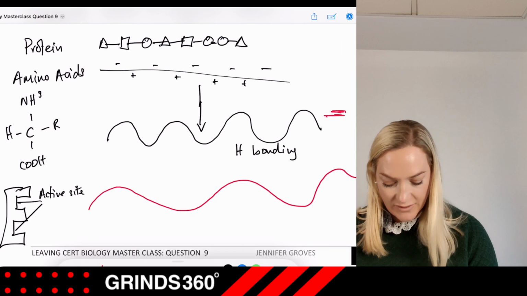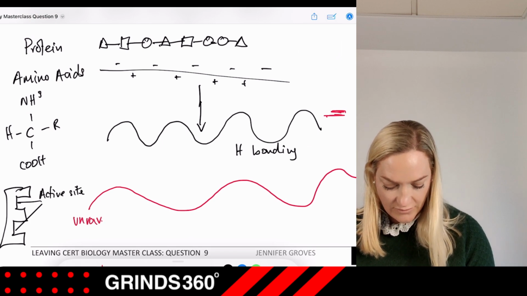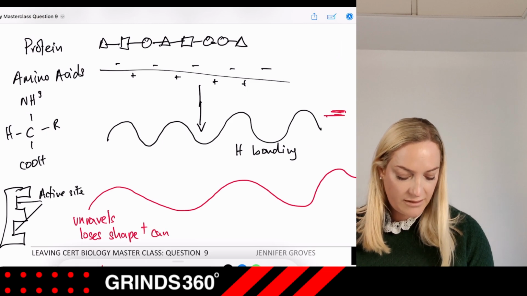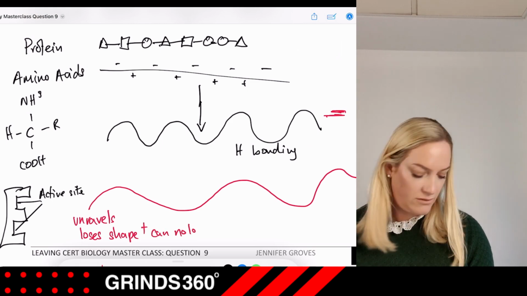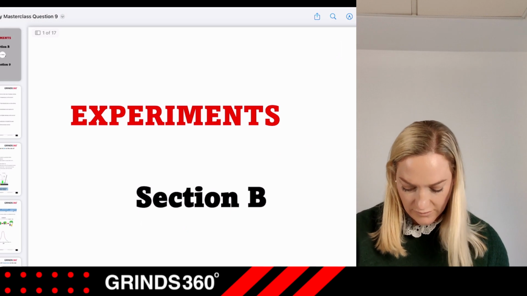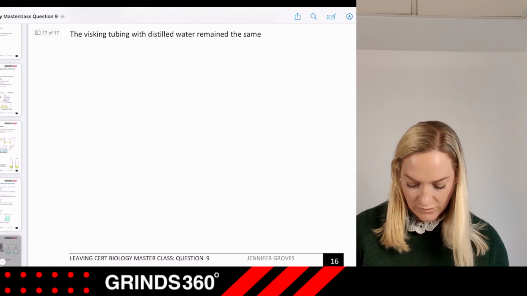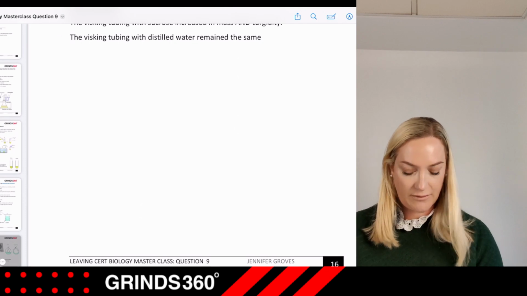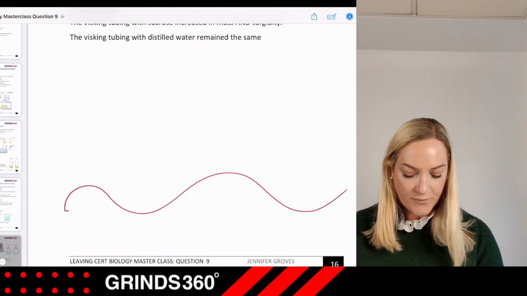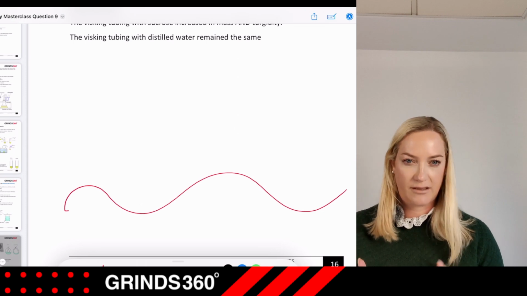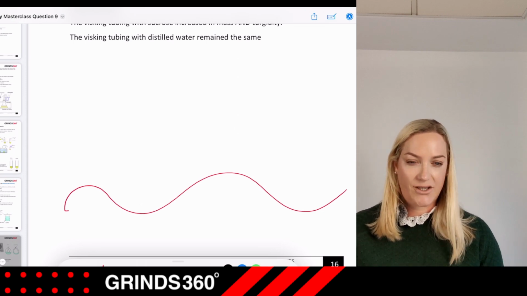When it unravels, it loses its shape and can no longer carry out its function. Okay, so I'm just going to write the unraveling part. It can unravel, lose its shape, and no longer carry out its function. What's that called? That's when the enzyme has become denatured.